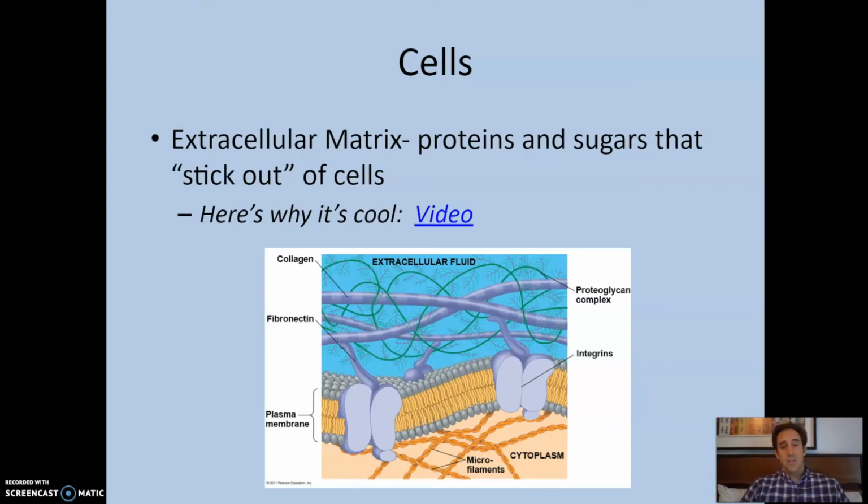So potentially, we could use this technique to start with pig hearts and add human stem cells and sort of create a fully functioning human, well, not really human, kind of human heart that could be used for patients who need a heart transplant. So very cool, kind of highlighting the importance of that extracellular matrix.